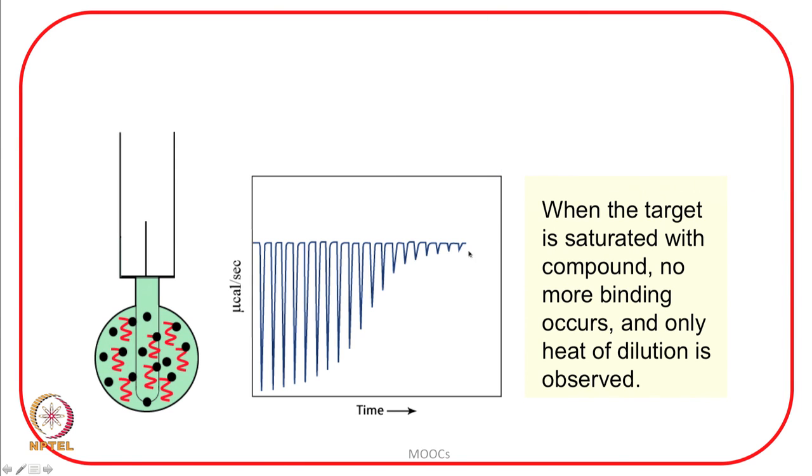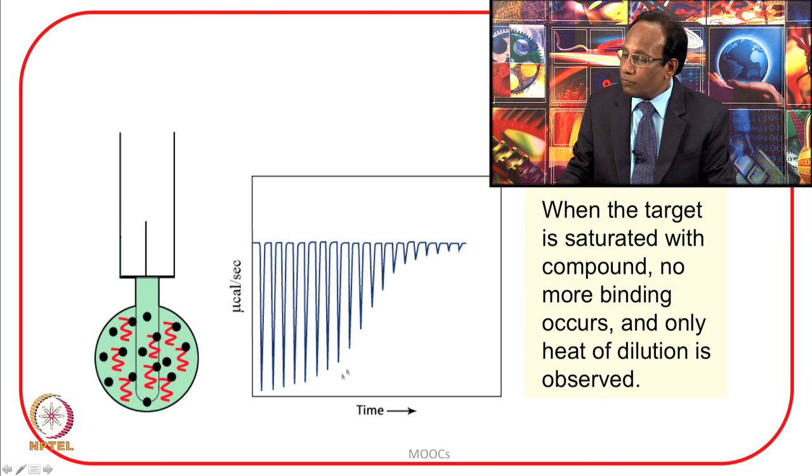the amount of heat change towards the end is nearly 0. And you see the entire thing represents the binding profile.